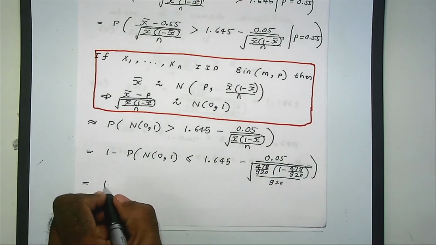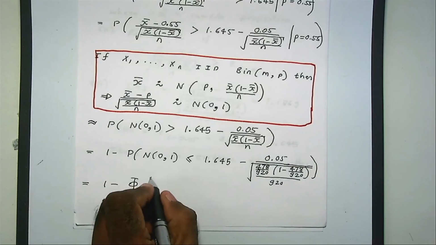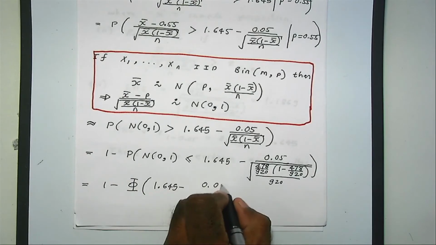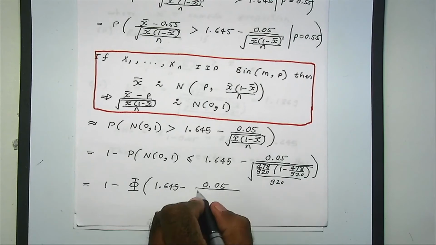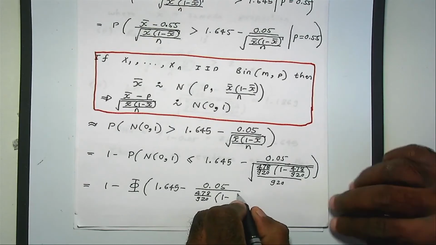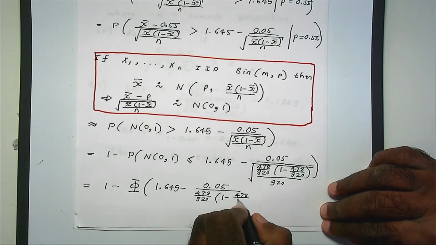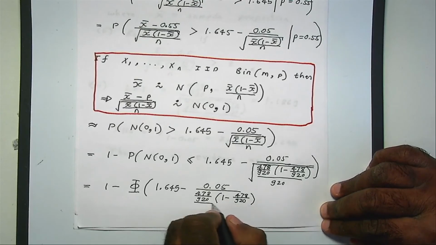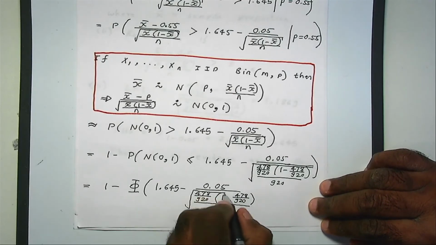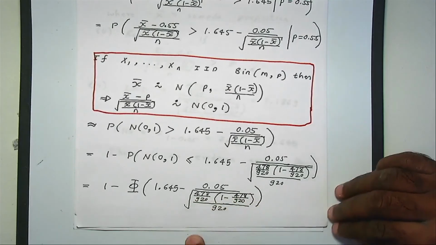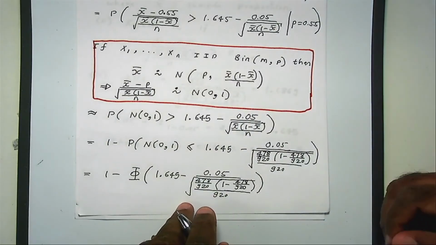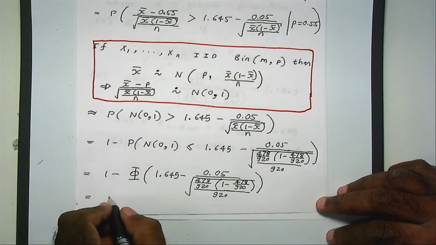Now this is simply 1 minus phi at 1.645 minus... Now if you read this off the table or using the R software, you will get approximately 0.92.